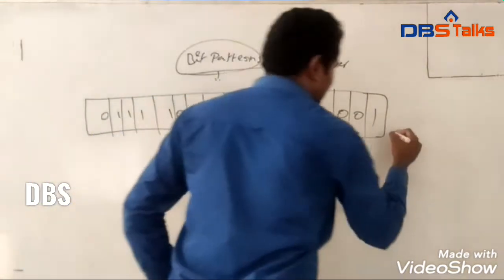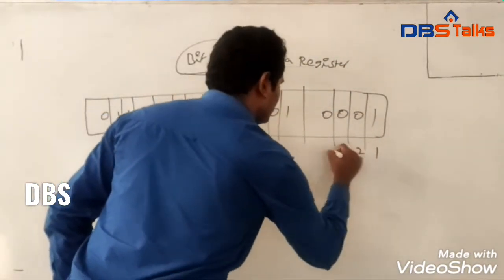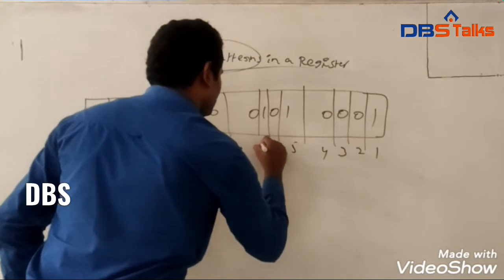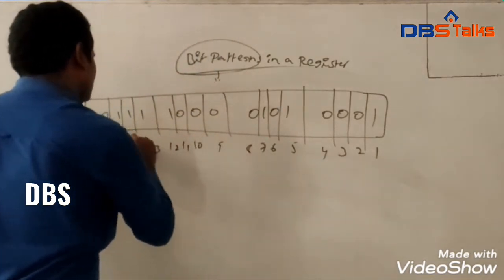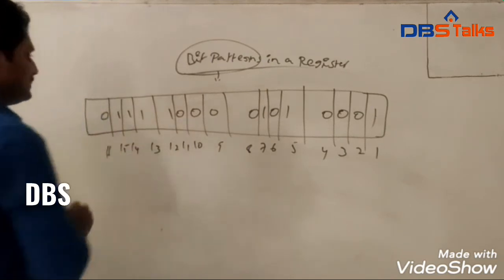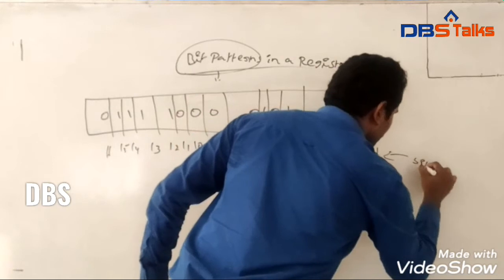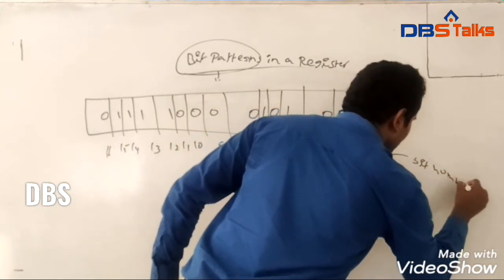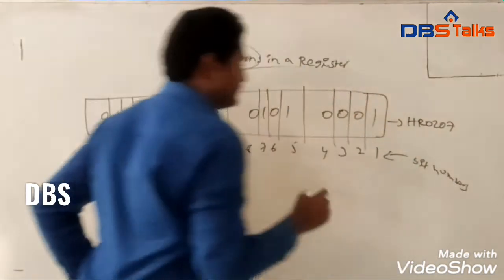So this is a 16-bit register. These are the 16 bits, these are the bit numbers, and this is the register, that is the HR0207 register.